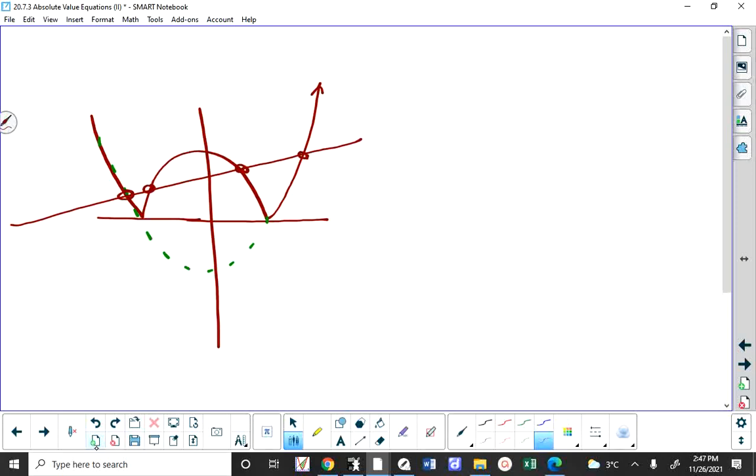For each of the two quadratics, you could get 2 solutions, and they could both be valid. You could have anywhere from 0 to 4 solutions.